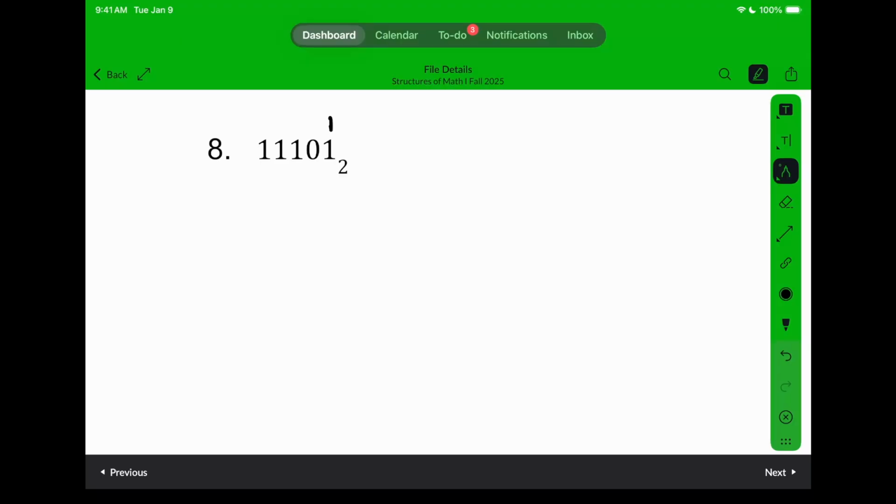So you start with 1, then 2, and then it's 4, and then 8, and then 16. So we can actually write this here. We'll rewrite the number 1, 1, 1, 0, 1, and 1, 2, 4, 8, 16. Because remember, it's base 2.